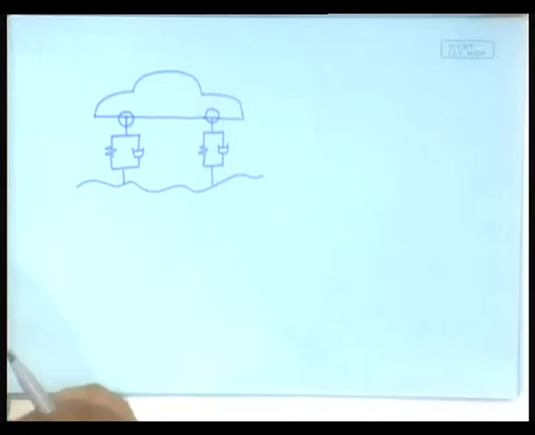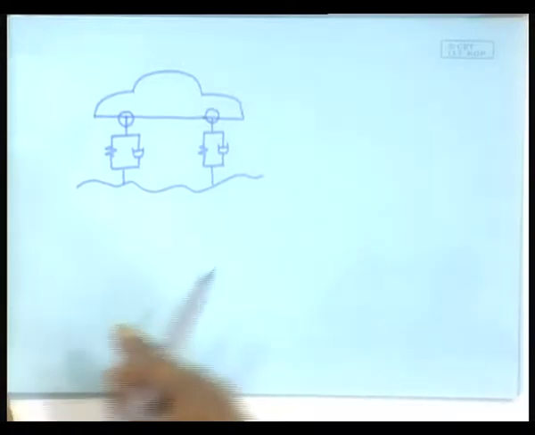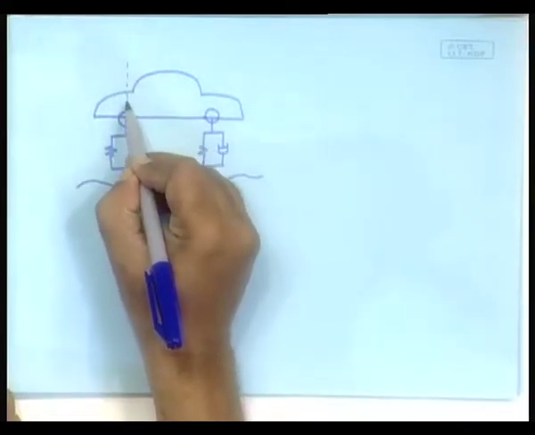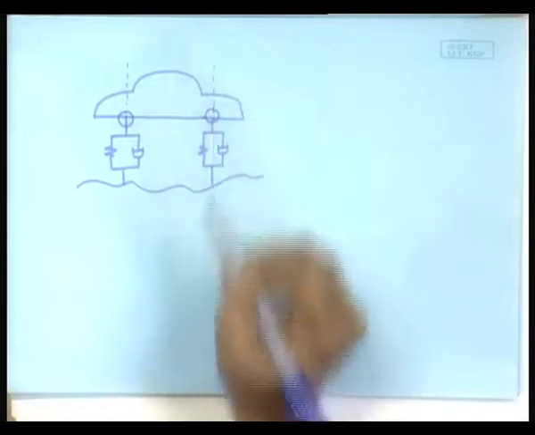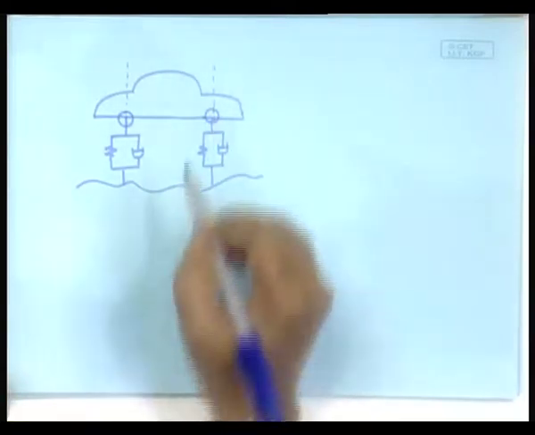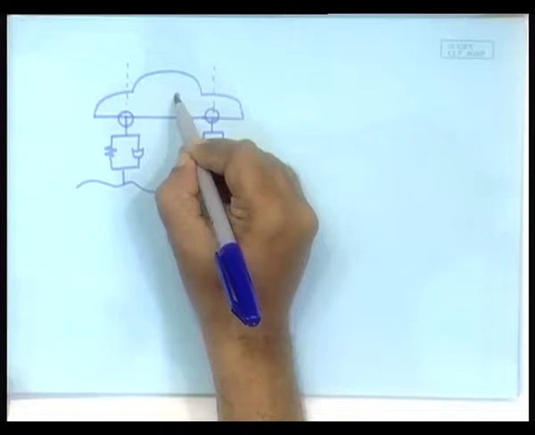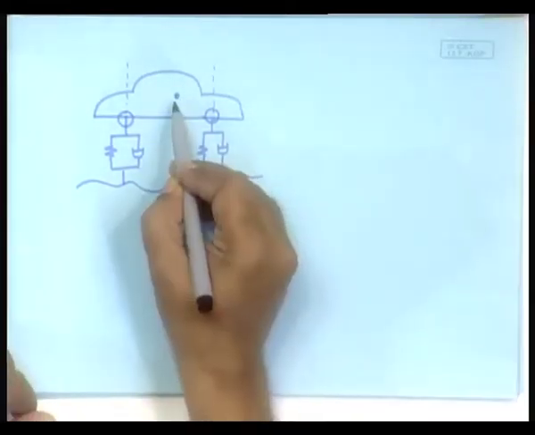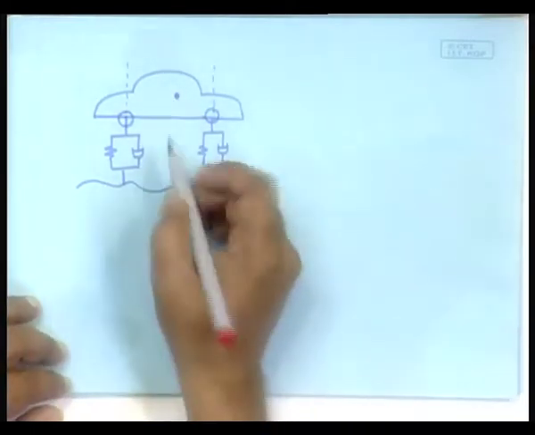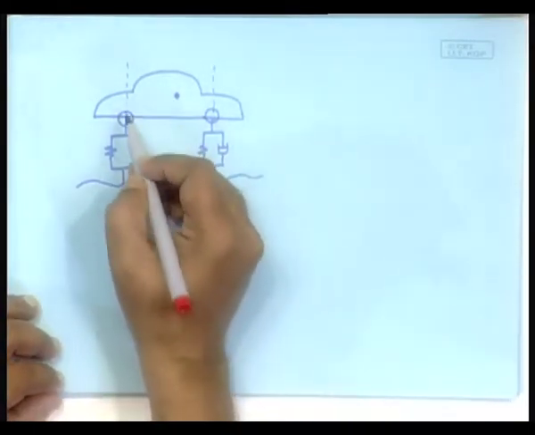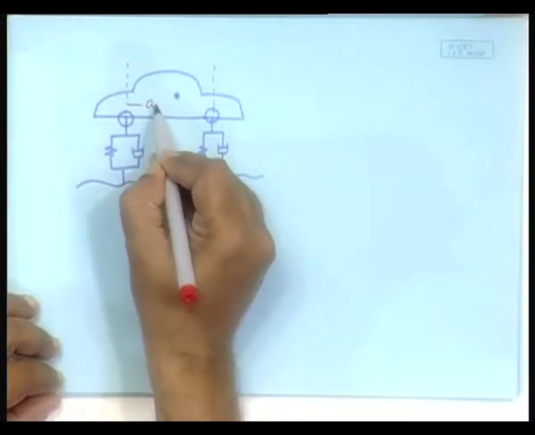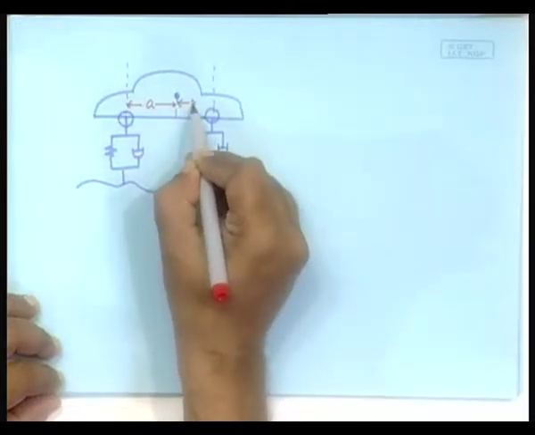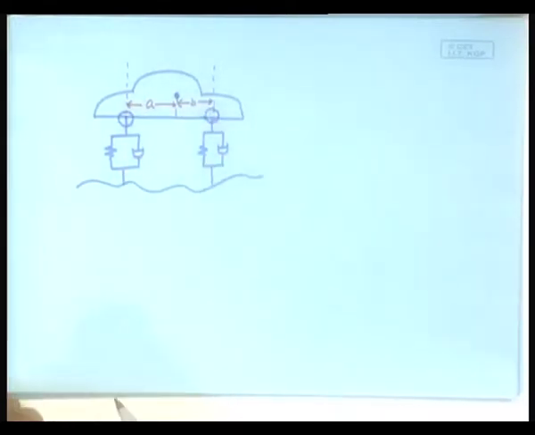So, how to do this? The points of suspension, if you put this, and there would be some point at which the CG resides, say here. So, the CG is at some distance A from here and B from here.